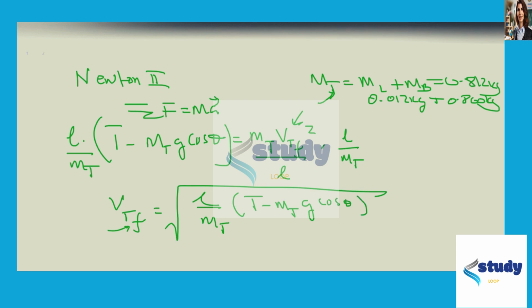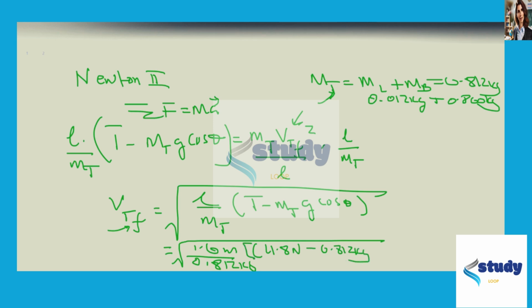And so we plug in those numbers. We'll see this one becomes a square root. L is 1.6 meters over the total mass, 0.812 kilograms, times the tension, 4.8 newtons, minus the total mass, 0.812 kilograms, times acceleration due to gravity, 9.8 meters per second squared, times cosine of 60 degrees.